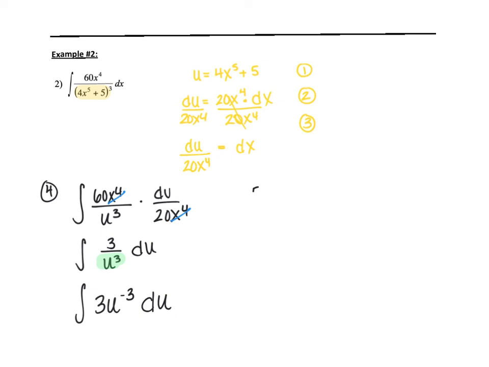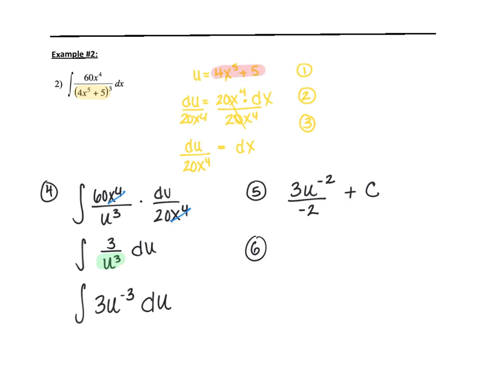So now we're up to step 5. Let's integrate. So if we do that, we're going to add 1 to the power. So remember, when we add 1, we go up, so negative 2. So add 1 to the power, divide by that power, and then put a plus c. And then the last and final step is going to be to substitute what we let u be and put it back in.